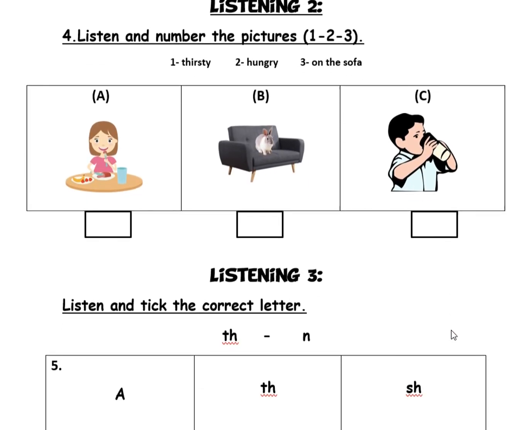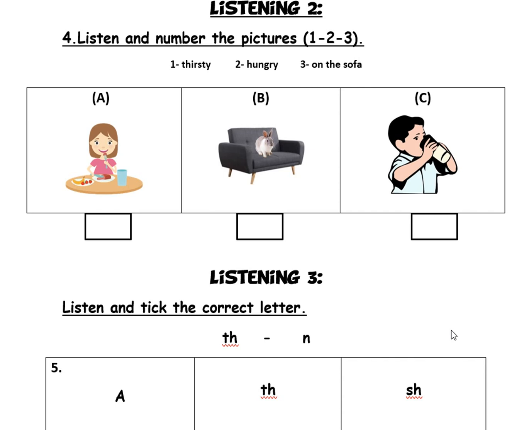Now the next listening activity says, listen and number the pictures 1, 2, 3. So let's start with number 1. Number 1, thirsty. So which picture is thirsty? Is it A, B, or C?